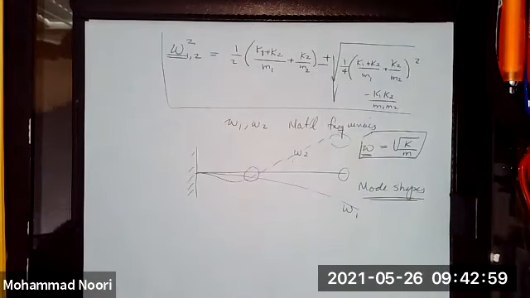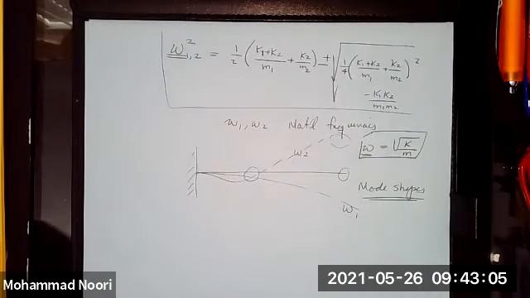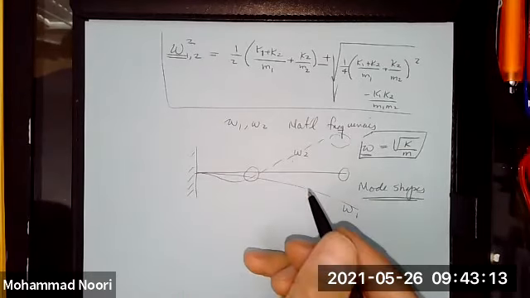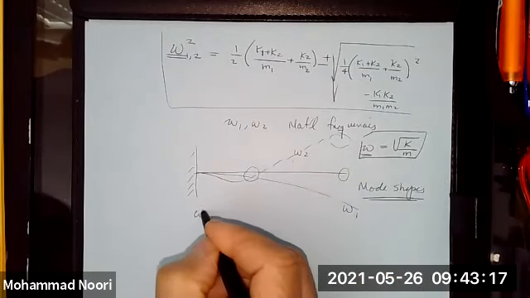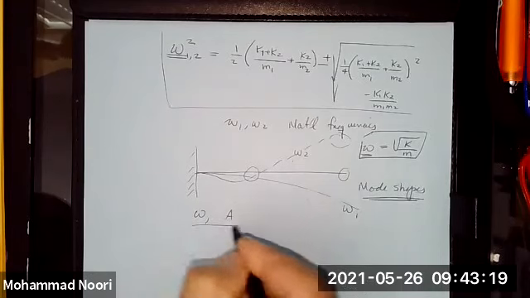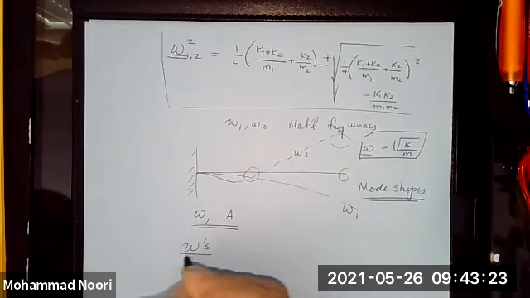So the situation in the case of multi-degree of freedom systems is not as straightforward as it was in the single degree of freedom system. There, we were able to find both the frequency and the amplitude. Here we found the frequencies.